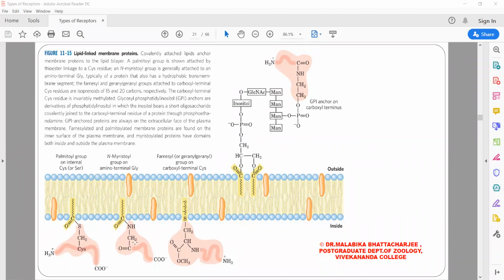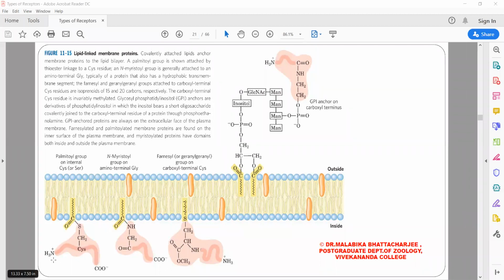Here, this is again a glycine. A glycine is attached to the myristoyl group of fatty acid. And again, a cysteine attached to the farnesyl group of fatty acid. So these are certain protein modifications that occur. And interestingly, all these modifications give these proteins certain specific roles.